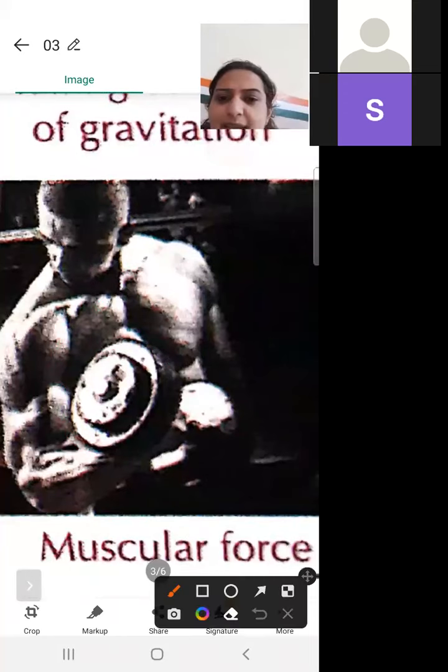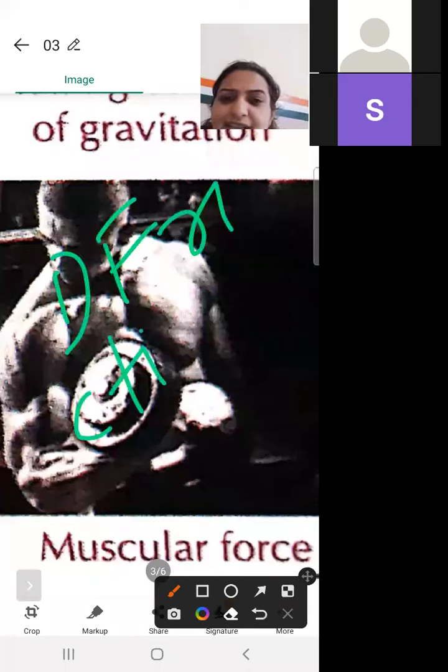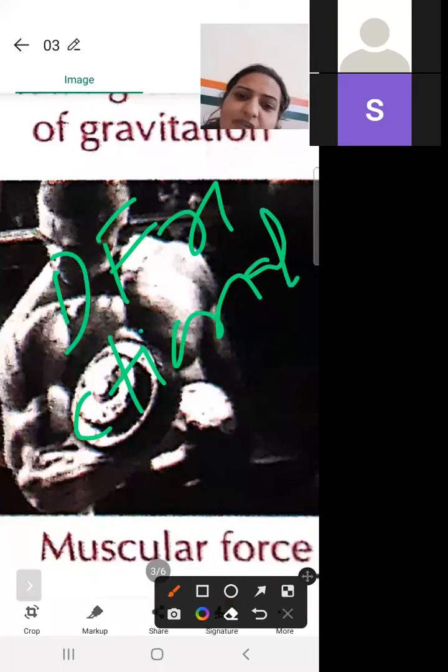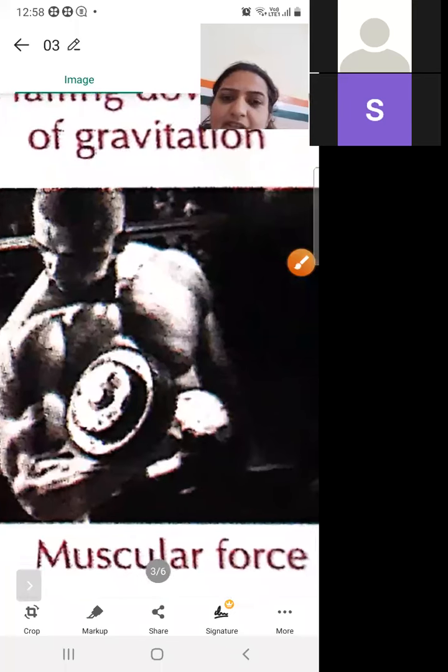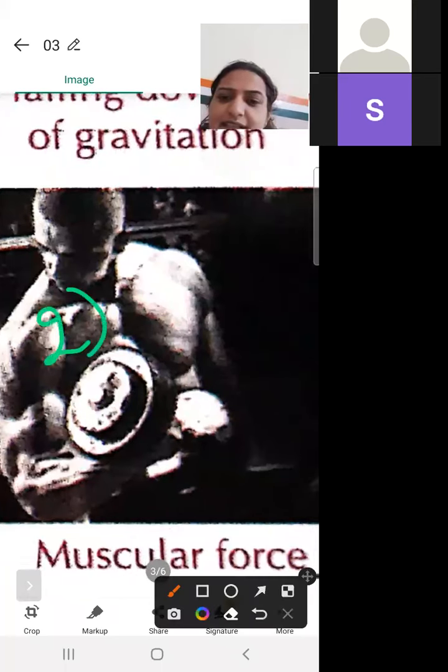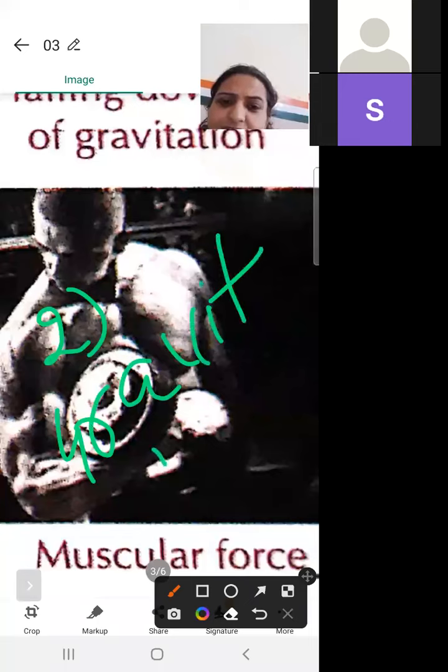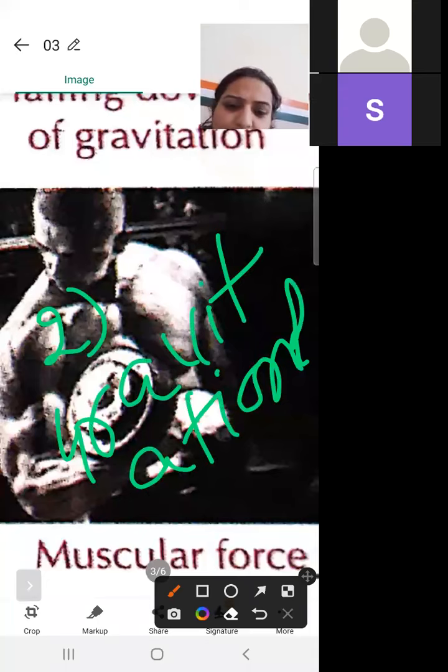So what are the types of forces? First is frictional force. Second is gravitational force.